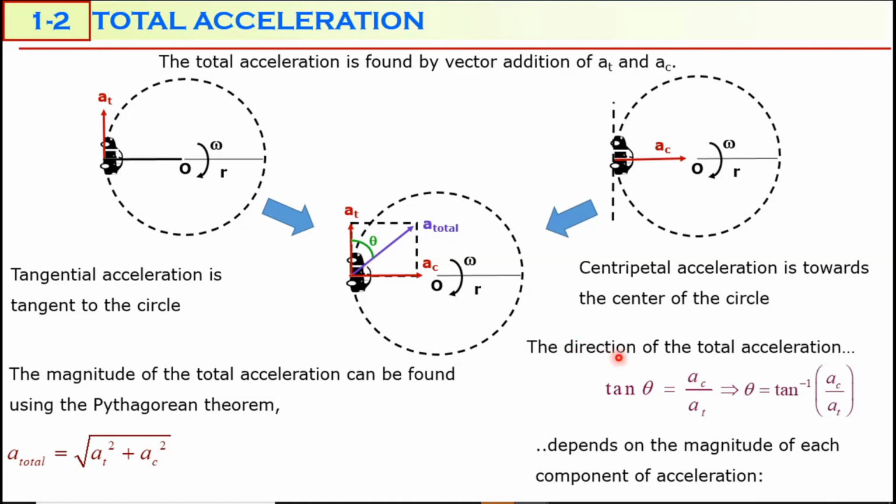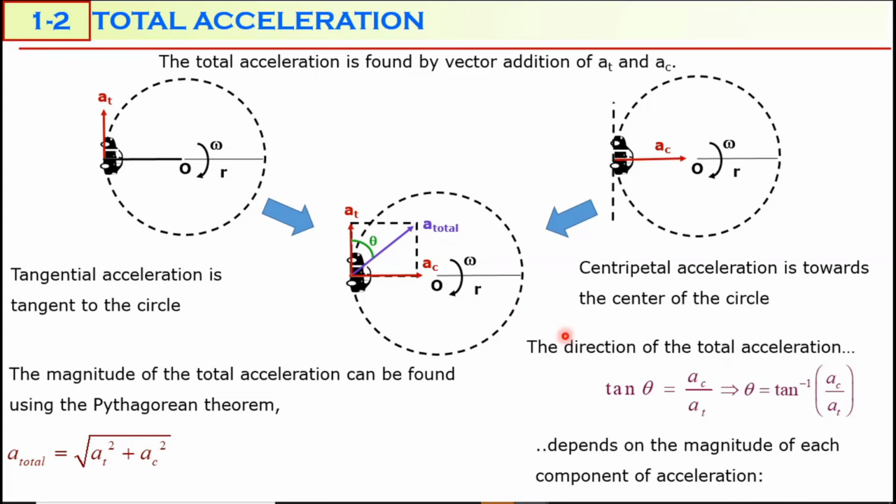So we can say that the direction of total acceleration can be calculated by inverse of tangent AC divided by AT and depends on the magnitude of each component of the acceleration. I mean, centripetal component divided by tangential component, inverse it, you will get the direction of total acceleration of this moving car.